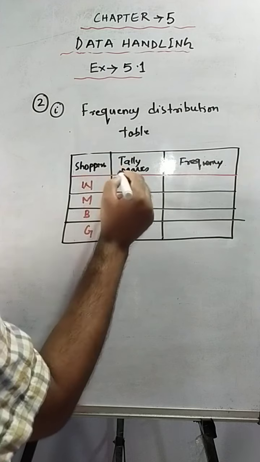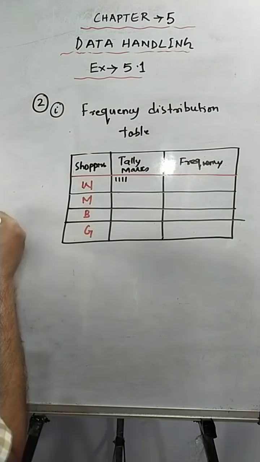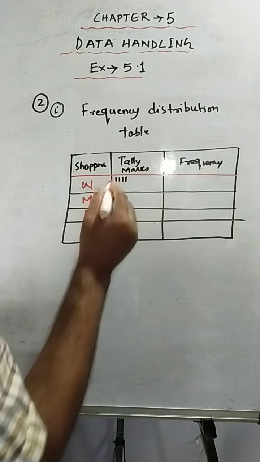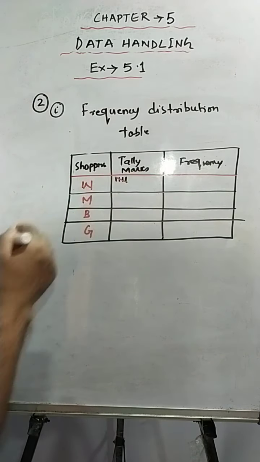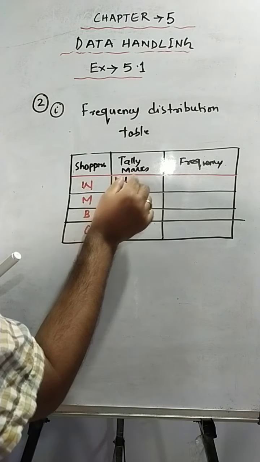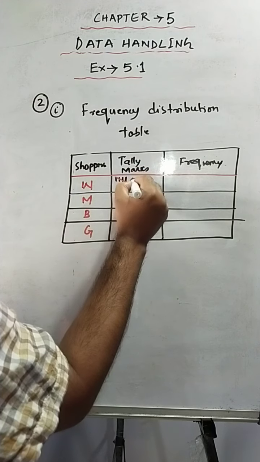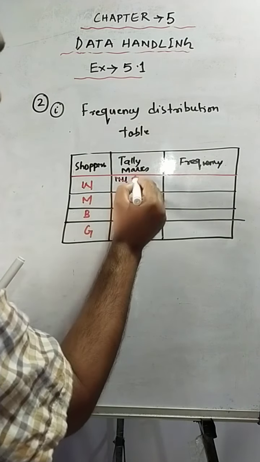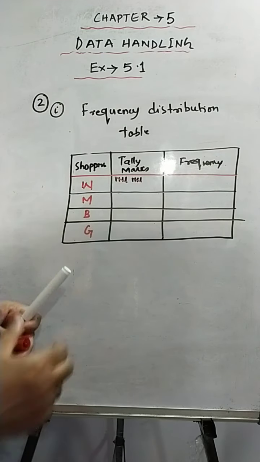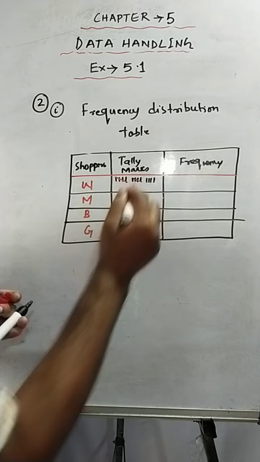So how to write 28 in tally marks? See, 1, 2, 3, 4, and 5 would be written like this. So this is a bunch of 5. Now we have to divide 28 into bunches of 5. That is 1, 2, 3, 4, again 5. Again 1, 2, 3, 4, again 5.